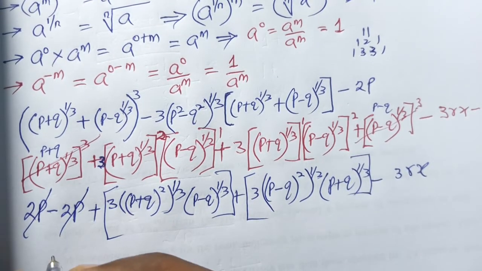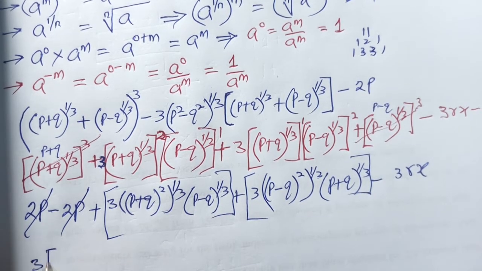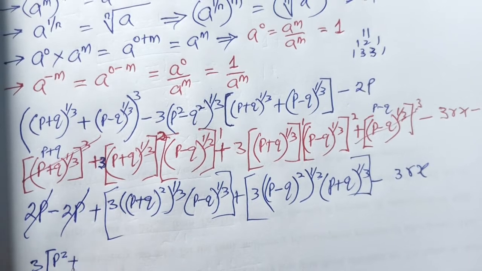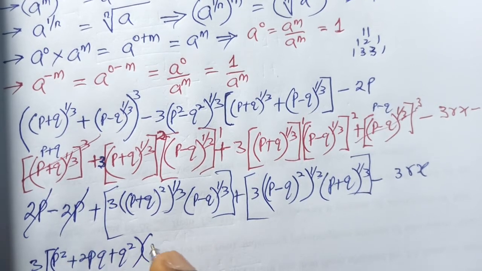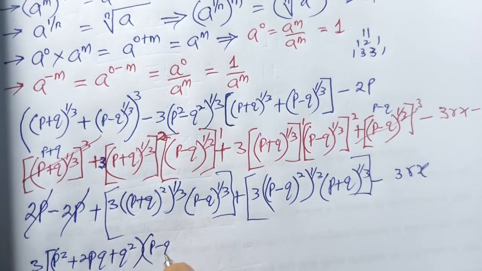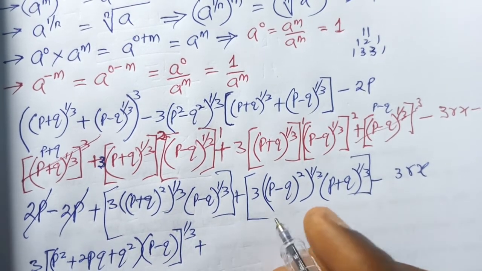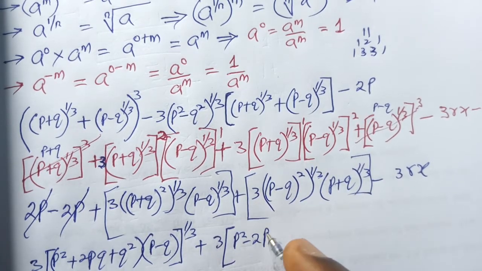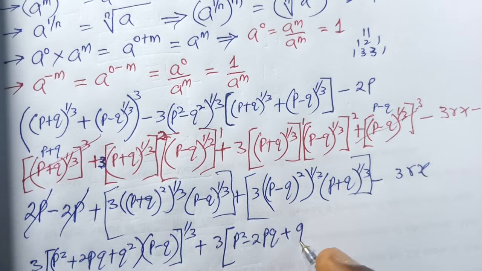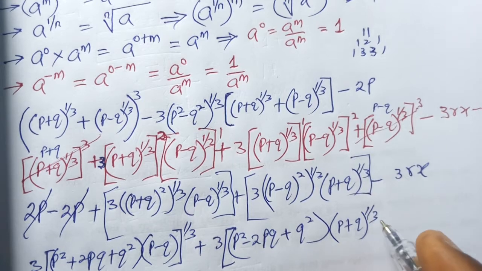We have 3 into P squared plus 2PQ plus Q squared, into P minus Q, all raised to power 1 over 3, plus, for this one, 3 into P squared minus 2PQ plus Q squared, into P plus Q to the 1 over 3.